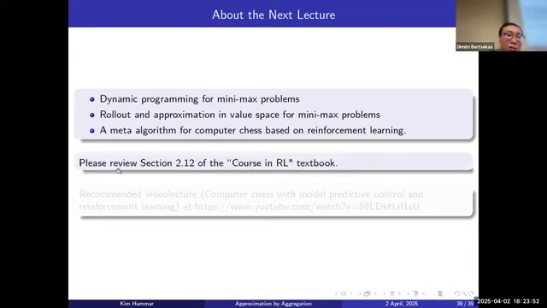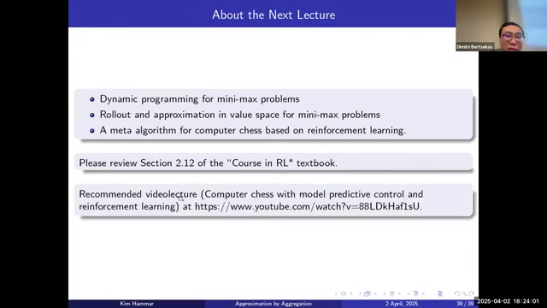For this part, you can look at section 2.12 of the course book. You are also recommended to look at the video lecture given by Professor Bertsekas on computer chess with model predictive control and reinforcement learning at this link.